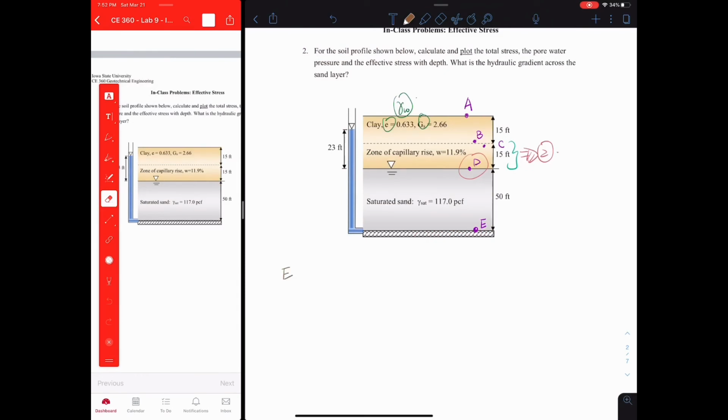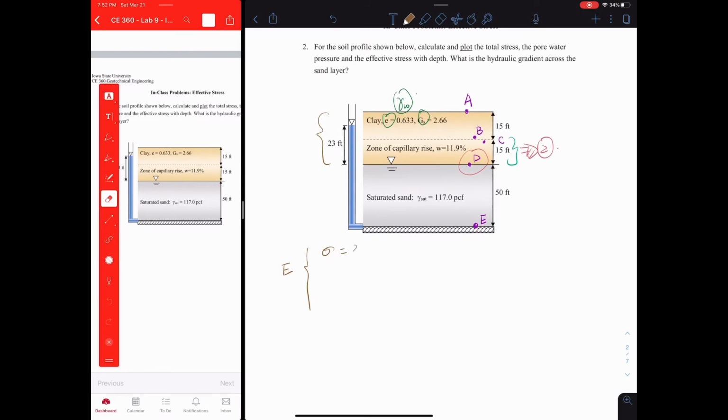Still, we start with the total stress here. First we should use the total stress of the first two layers. The answer, according to the previous calculation, should be 3230. Is that right?